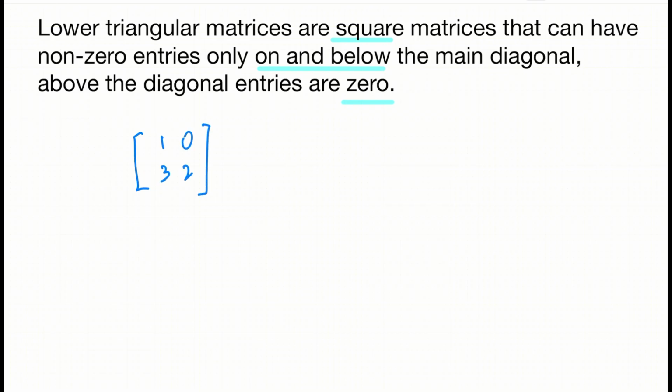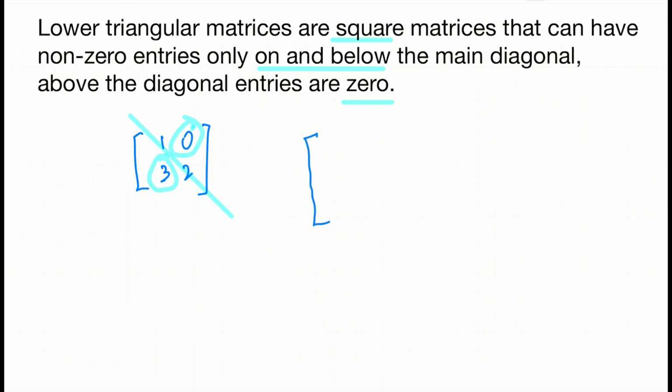Does that satisfy the definition? There's our diagonal. And then that is non-zero along the diagonal. It's a square matrix that can have non-zero entries only on or below the main diagonal. So above the diagonal, it's 0. So that is a 2 by 2 lower triangular matrix.